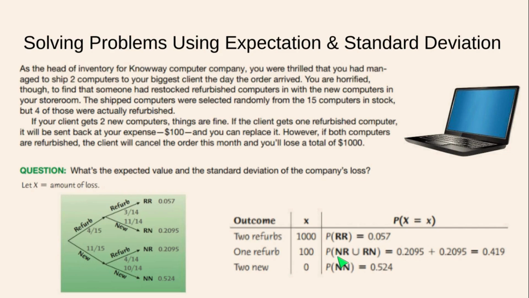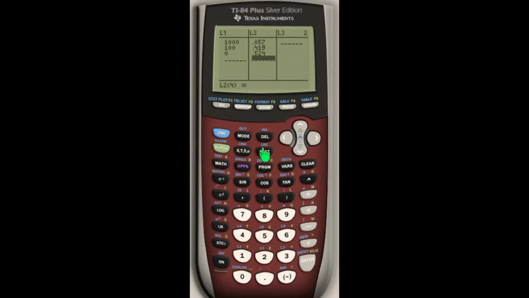That would be the probability of first new, second refurbished, or first refurbished, second new, which each of those could happen a little short of 21% of the time. And the most likely event would be 2 new laptops at 0.524. So at this point, we have a set of outcomes and a set of likelihoods of those outcomes. The toughest part of the problem is now over. Now all we need to do is put this information in the calculator, compute the expectation and the standard deviation. So let's hop to it.